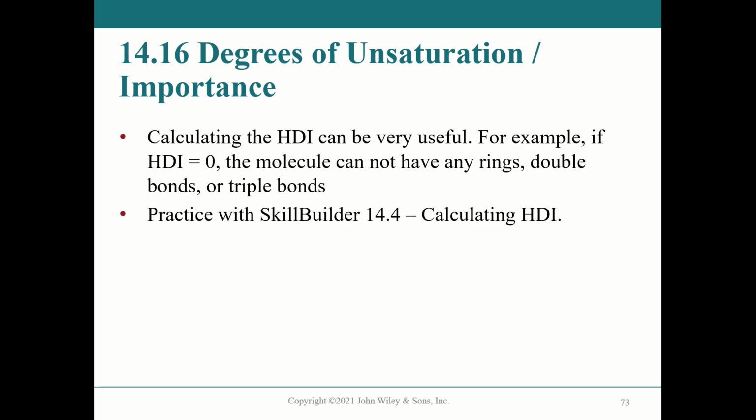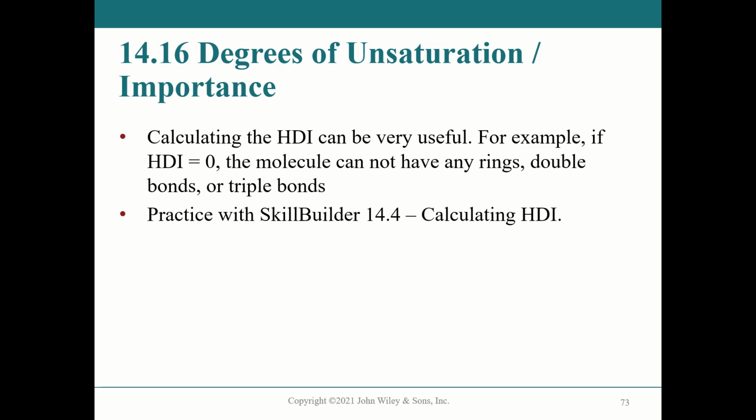And each time you have a degree of unsaturation, like 1, 2, 3, 4, that's telling you the number of double bonds you might have, because each double bond has 1 pi bond, or it's telling you the number of rings that you have in your molecule, potentially. If it's greater than 1, then you might have multiple rings, multiple double bonds, a single triple bond, or a combination of a ring and a double bond.